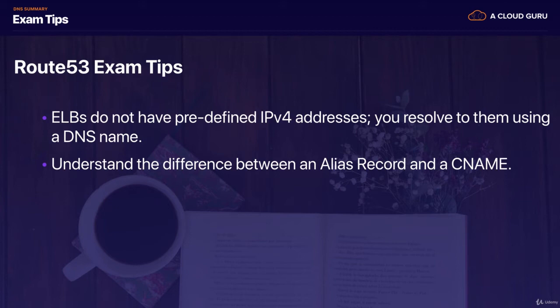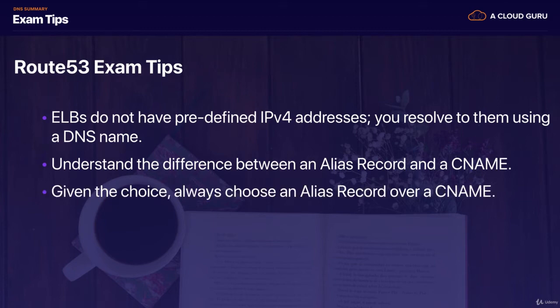You should definitely understand the difference between an alias record and a CNAME. Just remember that yellow pages picture that we had up, so we had all our A records, which were just people's names and then their telephone numbers, and a CNAME was that Bruce Wayne, or I think it was Batman, and then it said see Bruce Wayne. So that's exactly how a CNAME works. Given the choice between an alias record and a CNAME in an exam scenario, I would always choose alias.